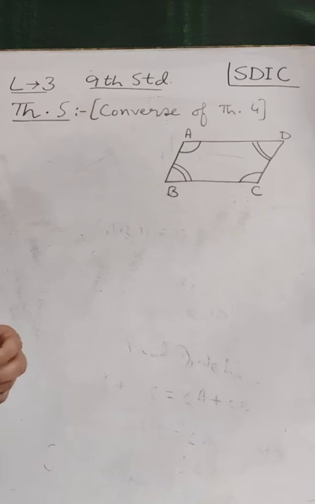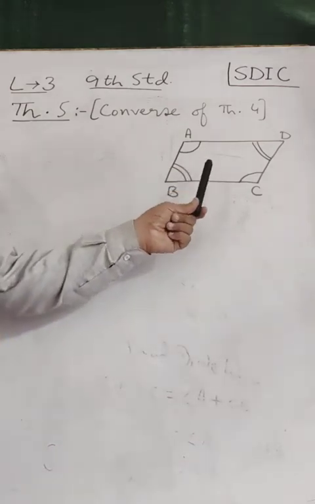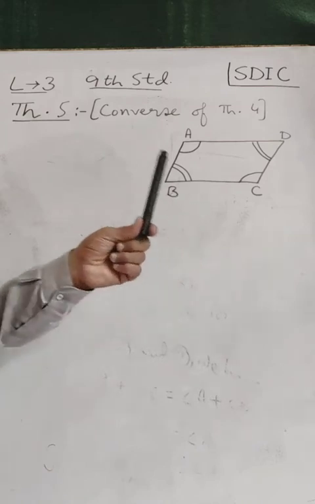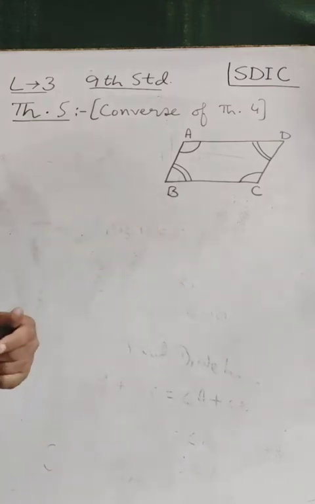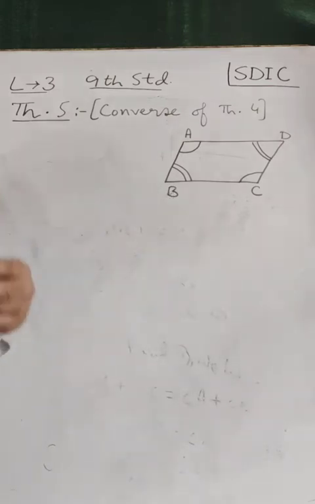We'll again use the concept that I explained earlier. While doing theorem 3, I said whenever you have to prove a quadrilateral is a parallelogram in the theorems, you will have to use the definition. Later on when we go to the application part, exercise when we'll start, there we will not follow this.